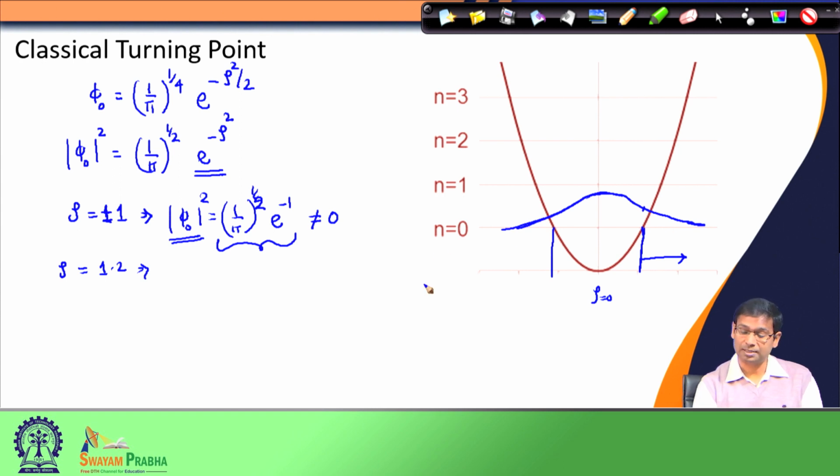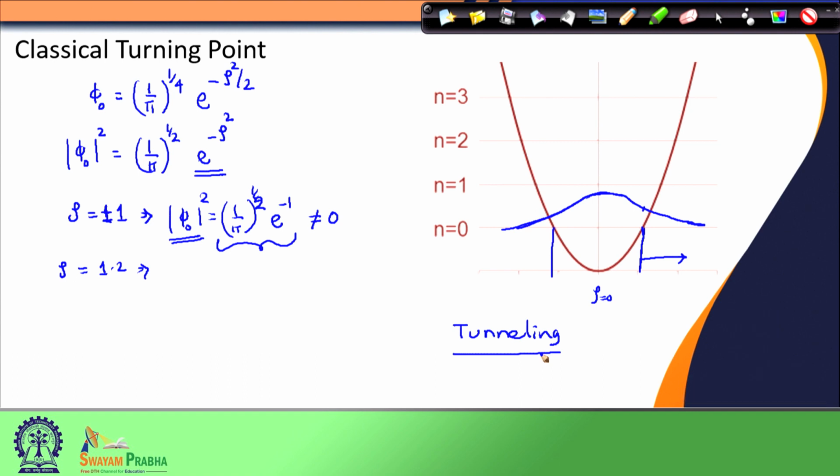We express this observation as something called tunneling, which is a purely quantum mechanical phenomenon. Here the system explores the region beyond the classical turning point, and that happens by virtue of tunneling.